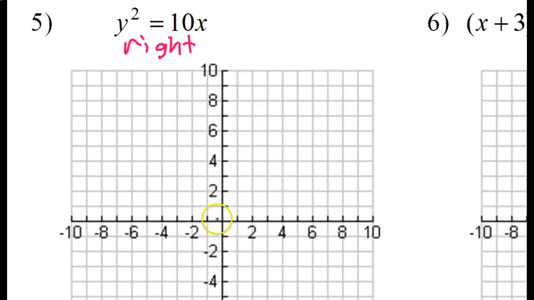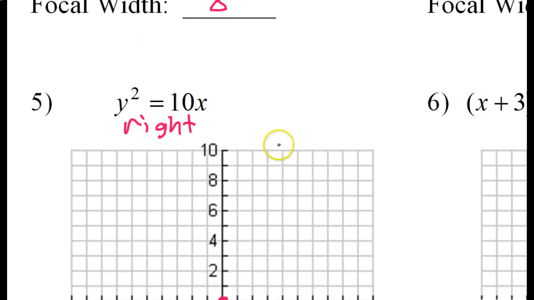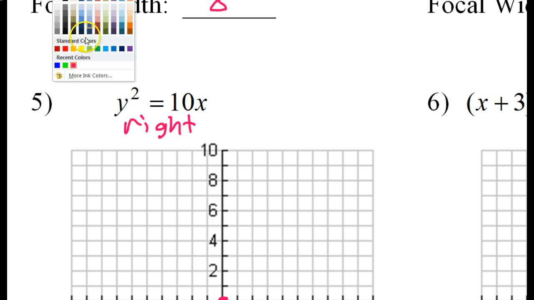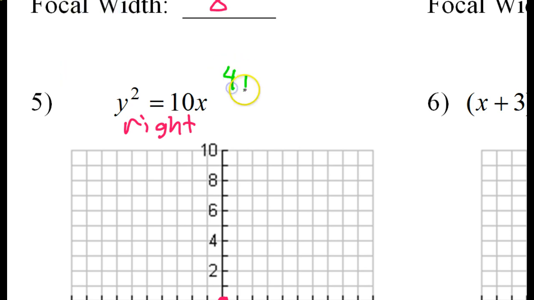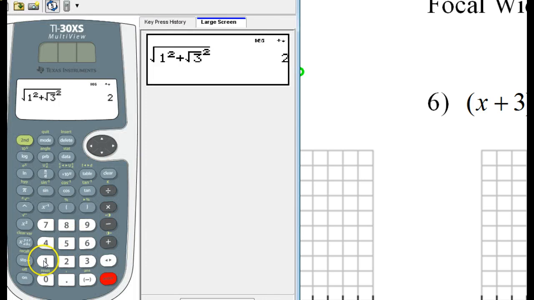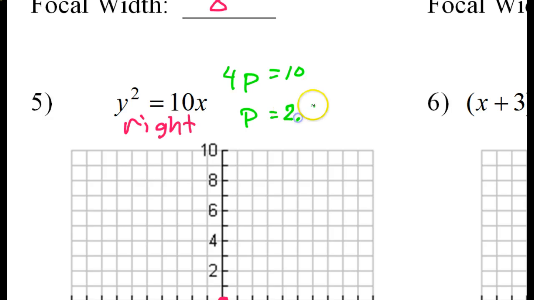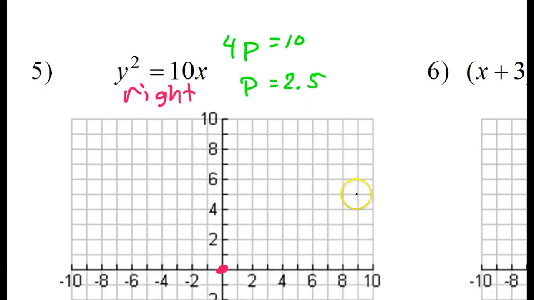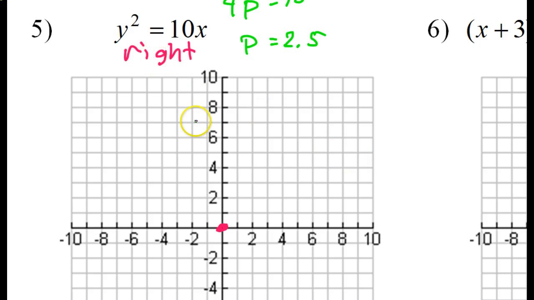Now we need our p value, which I'll just do right here. So we know that 4p is equal to 10. So if I divide both sides by 4, I'm going to get, let's see, 10 divided by 4, that's 2.5. Okay, so 2.5. Now that tells me where to put the focus. Now we know it's going to be to the right, so we will go 2.5 to the right of the vertex. So the focus will be there.